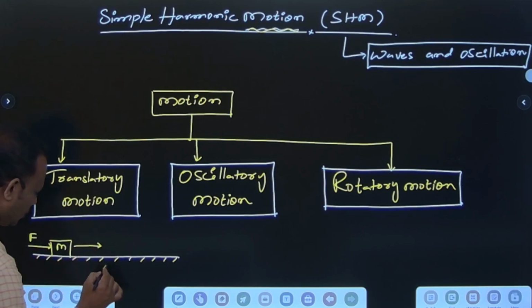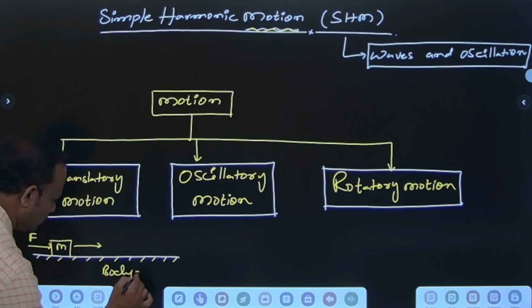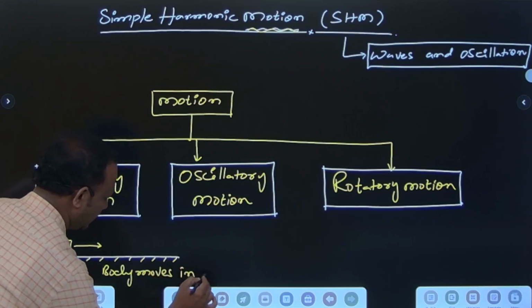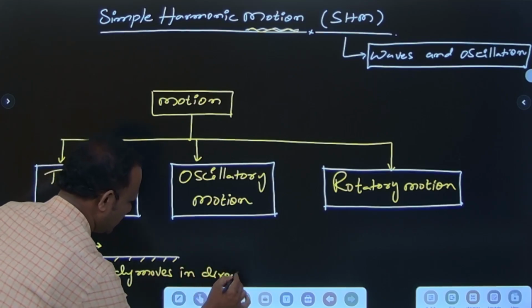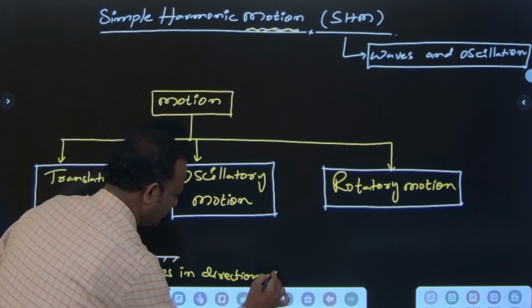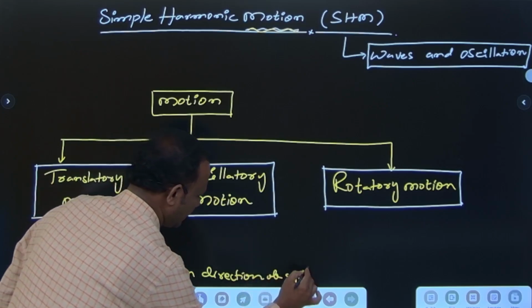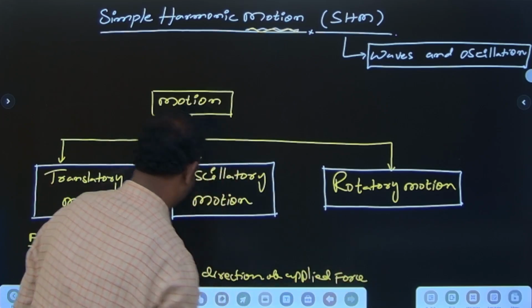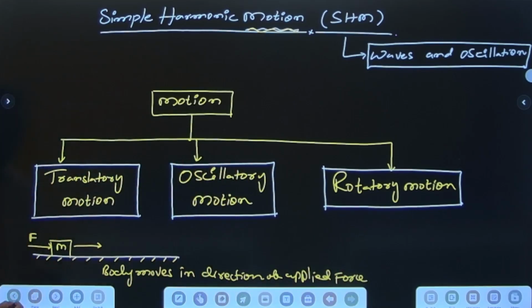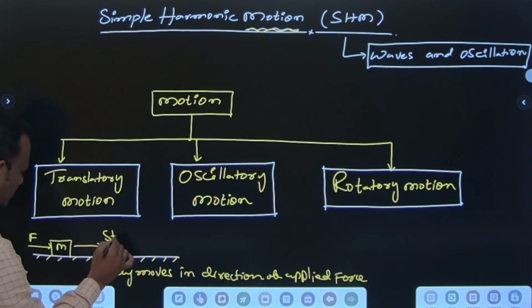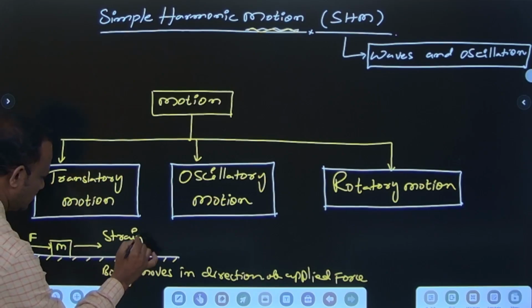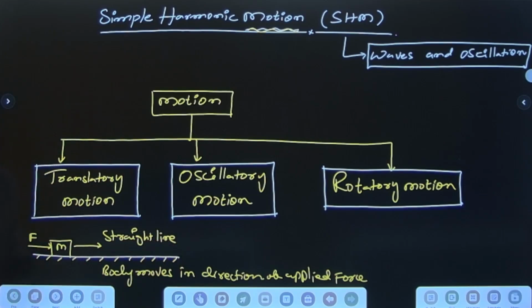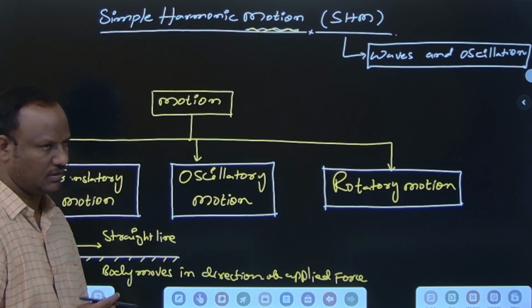So the body moves in the direction of applied force, and that also we can say it's a straight line path. This is about translatory motion.